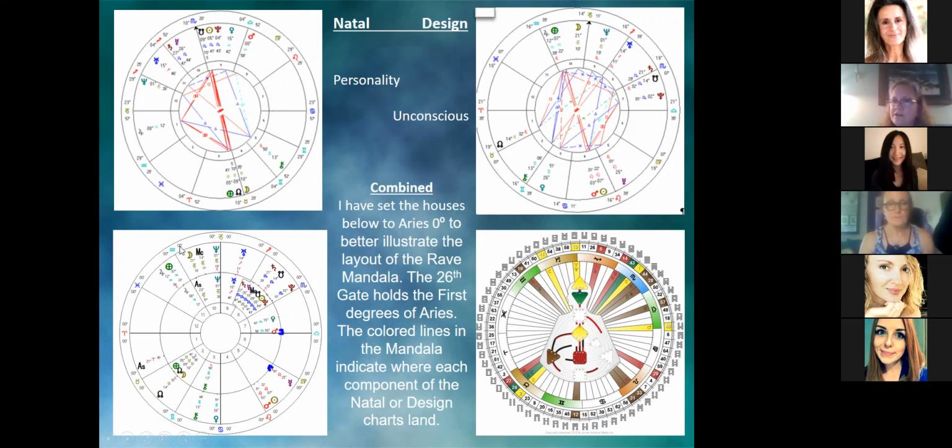And these are the two together in synastry. And this is laid out on 0 Aries, just like this is. So it helps to see where everything is. We've got the Sun, Pluto right here, and here we've got the Sun, Pluto. So it helps to have a clearer visualization of each.